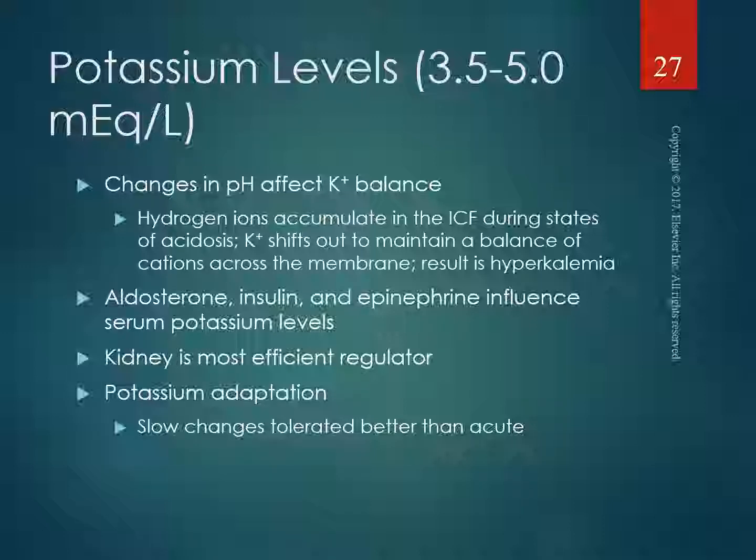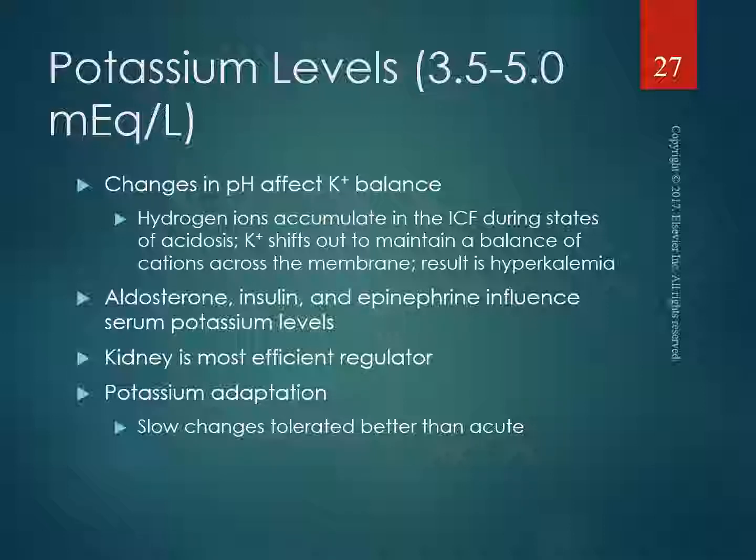The kidney is the most effective regulator for potassium, and patients with kidney failure have problems with potassium regulation. Potassium adaptation is the ability of the body to adapt to increased levels of potassium intake over time.